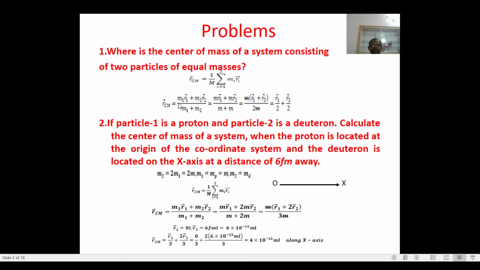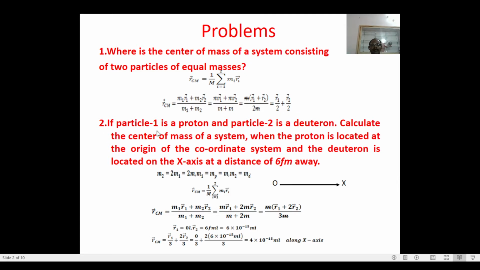R_CM vector is equal to m1 r1 vector plus m2 r2 vector divided by m1 plus m2, which is equal to m r1 vector plus m r2 vector divided by m plus m, because m1 is equal to m2, both particles have the same mass, which is taken as m. So m is a common factor, pull it outside: m into r1 vector plus r2 vector divided by m plus m, which is 2m, which is equal to r1 vector divided by 2 plus r2 vector by 2.